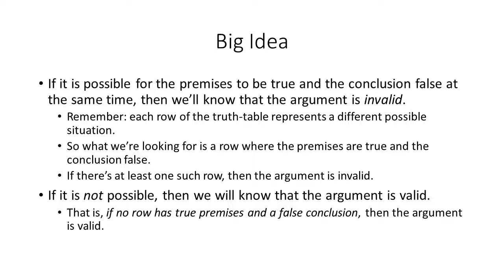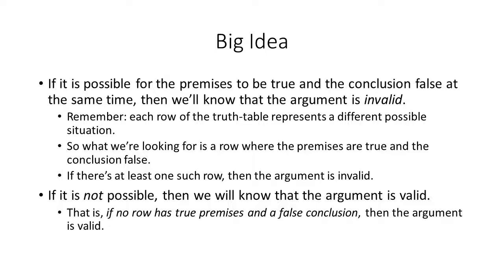If it's not possible, if there's no possible situation where the premises are true and the conclusion is false, remembering that the possible situations are represented by the different rows, then we're going to know that the argument's valid. So if no row has true premises and a false conclusion, then the argument is valid. What we're looking for when we construct these is at least one row where the premises are true and the conclusion's false.